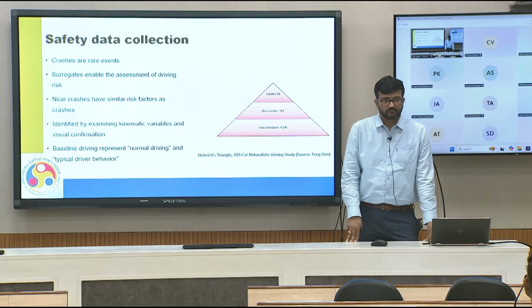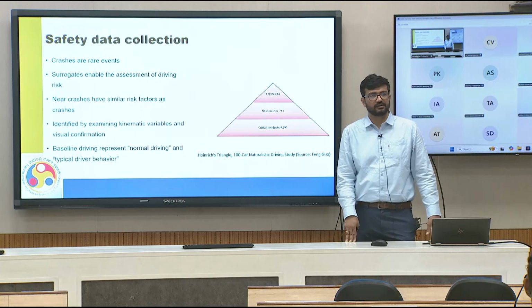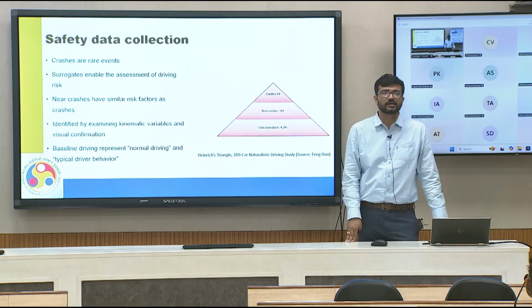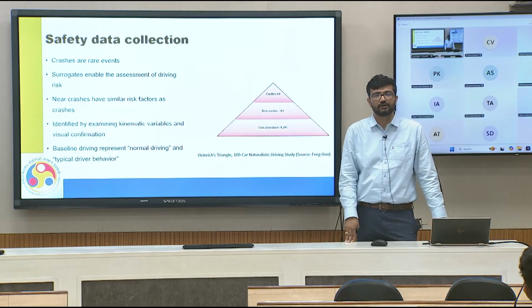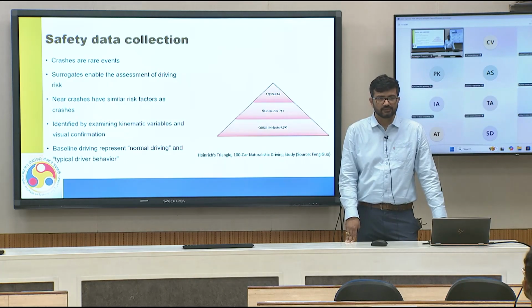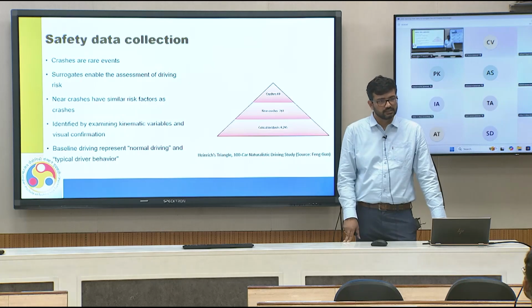Similarly, if you compare the number of miles a driver travels, you may drive for 5-10 years and might not have a single accident. That is the case for most drivers.